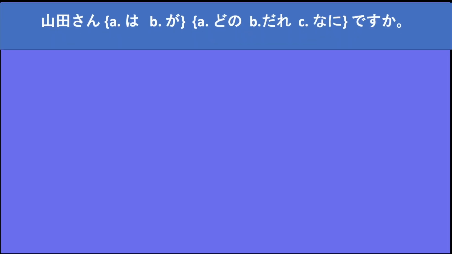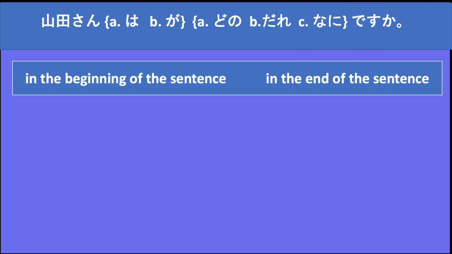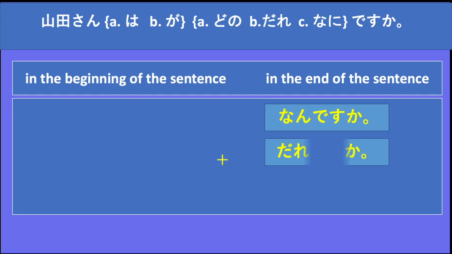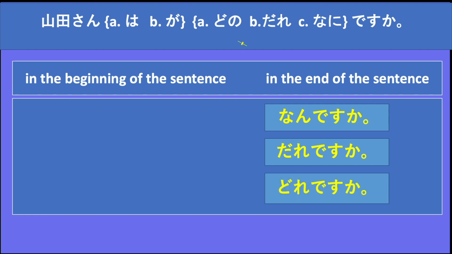Let's summarize how to use は and WH questions. Look at this. In the end of the sentence, if 何ですか or 誰ですか or どれですか is used, then at the beginning of the sentence, noun は should be used.